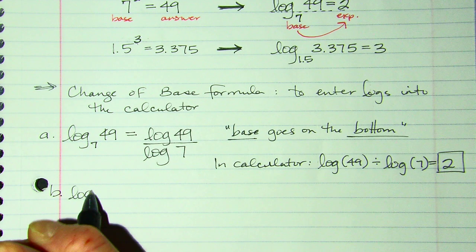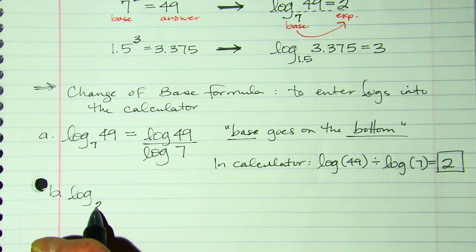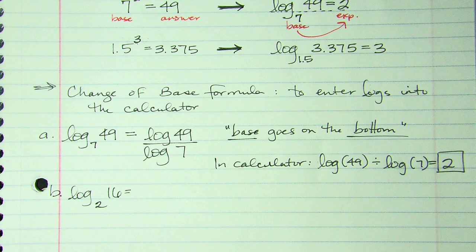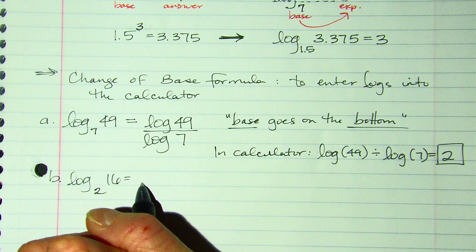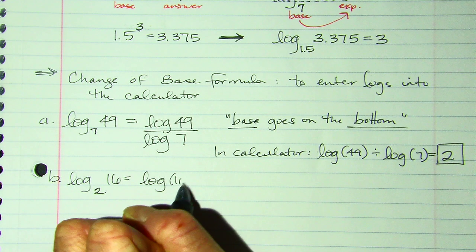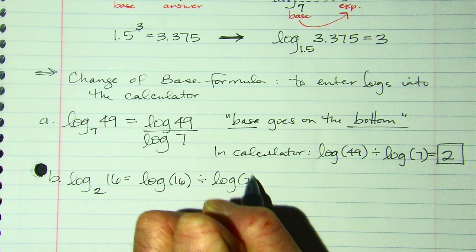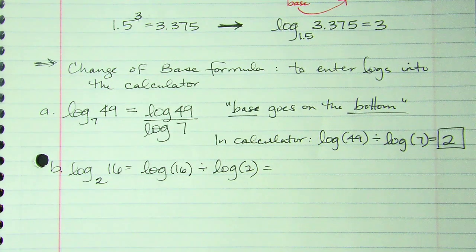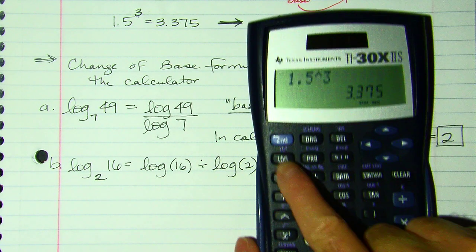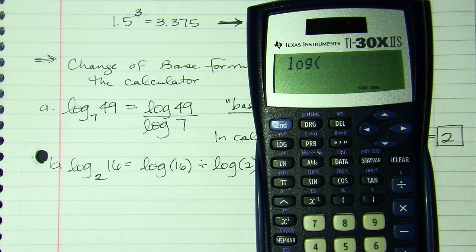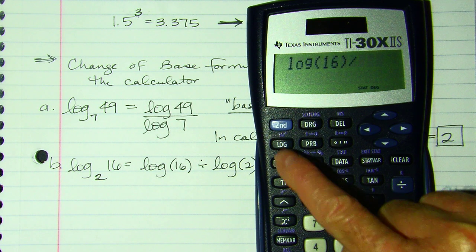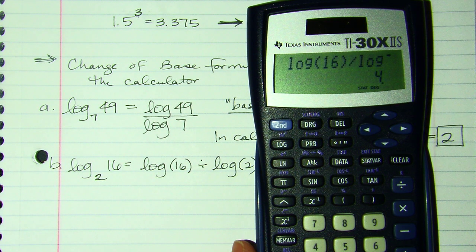The log of base 2 of 16. Remember, the base goes on the bottom. So I would take my calculator and hit log of 16 divided by the log of 2. So it should look like this. Log, you should have log of 16 divided by log of 2, and I get 4.